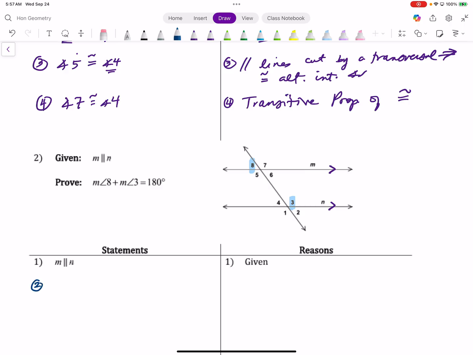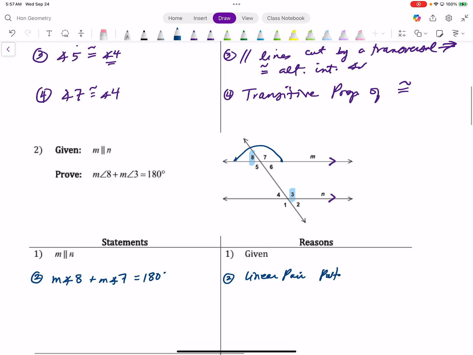So maybe we start out up here at the top because we know that the measure of angle 8 added to the measure of angle 7, we know that's 180 degrees, okay, because that's the linear pair postulate. So that gets the measure of angle 8 in here.